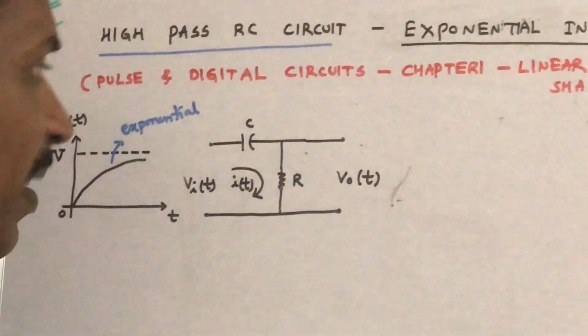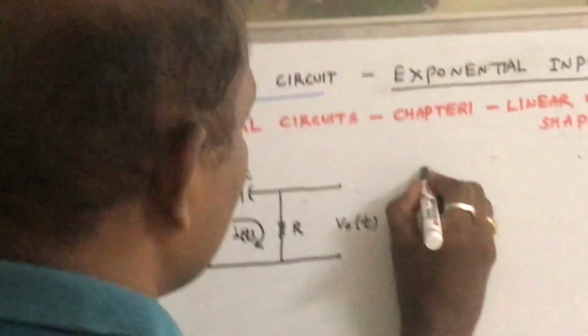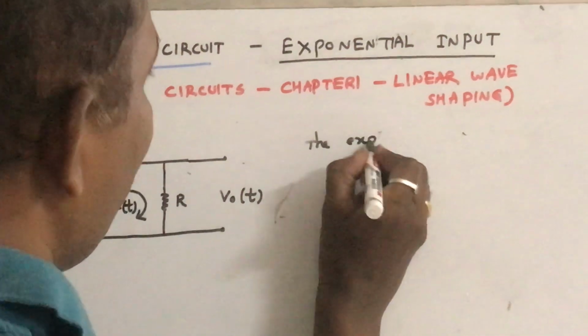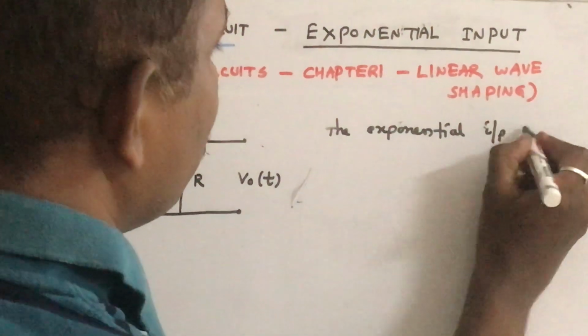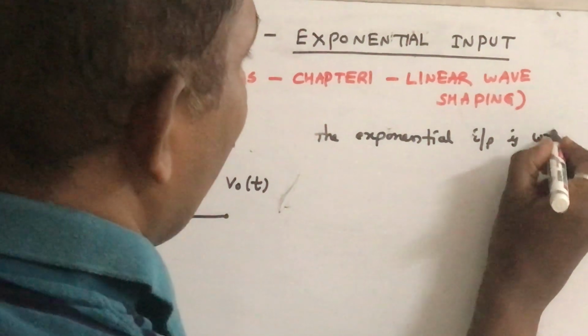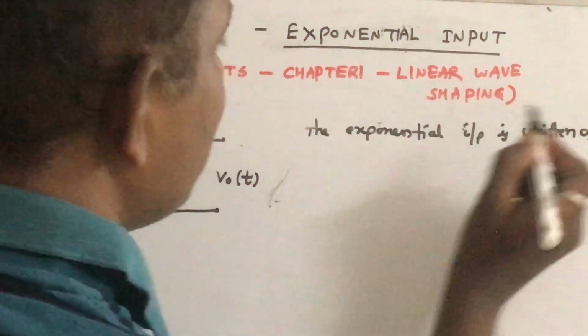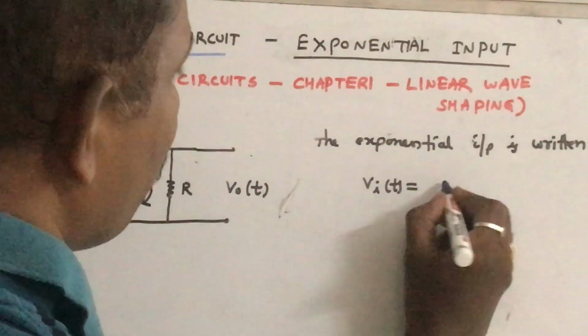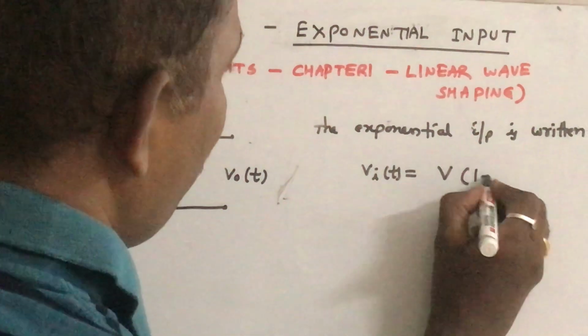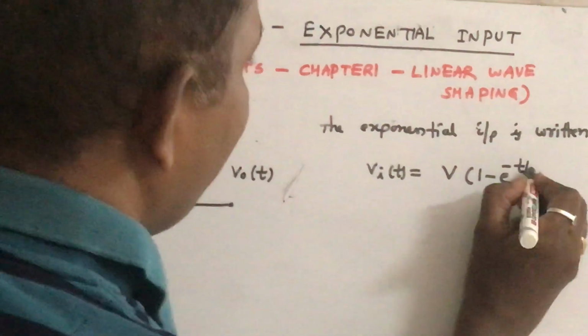Now the mathematical expression for the exponential input is written as Vi of t equal to V into 1 minus e power minus t by tau.